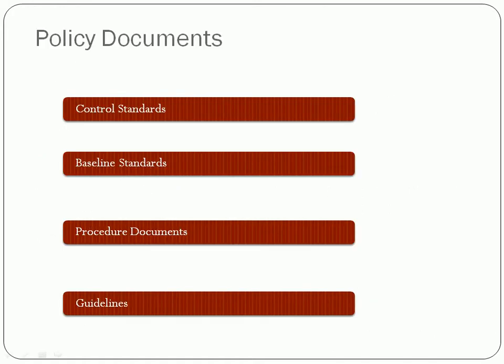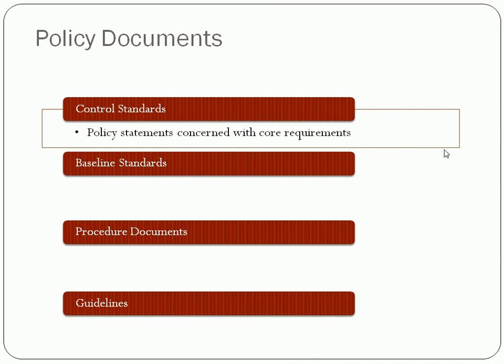So let's talk about the actual security policy documents. We've talked about these before. So just to refresh your memory from the previous unit, Unit 4, we started with control standards, which are policy statements concerned with core requirements. We already know what a policy is. The policy we talked about in the previous unit was, here's what I want to happen. Here's my goals.